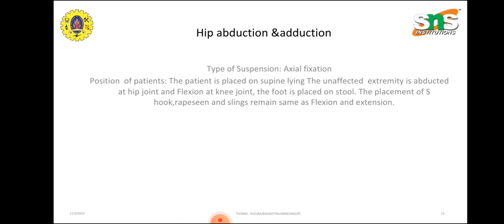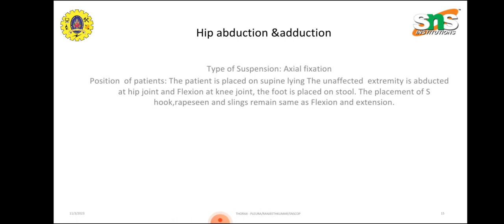The rope is attached to the S hook, and the other end of the rope is attached to the cleat. Then the sling is attached to the thigh region and lower leg region, and both slings' D-rings are attached to the S hook.